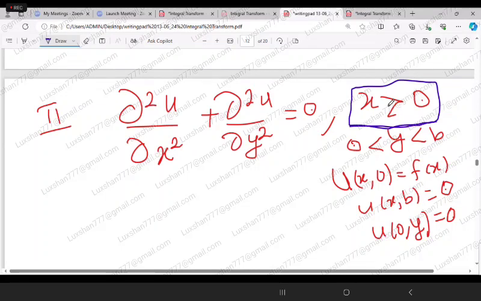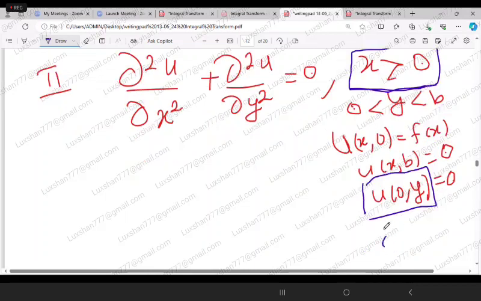Now, we have two choices, sine transform or cosine transform. How to decide? If we know the value of u(0, y), then we go for the sine transform.